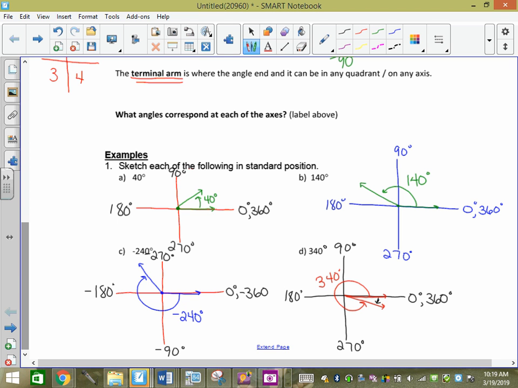Is that the same as what I wanted? No. So I have to arrow around. However, negative 20 gets me the same terminal arm as 340, doesn't it? So negative 20 and 340 actually terminate on the same arm, which is something that's important to us later. Well, soon. Okay.